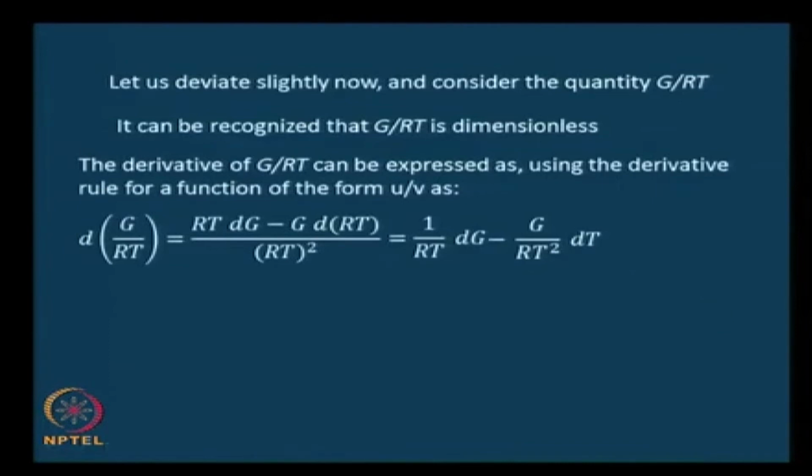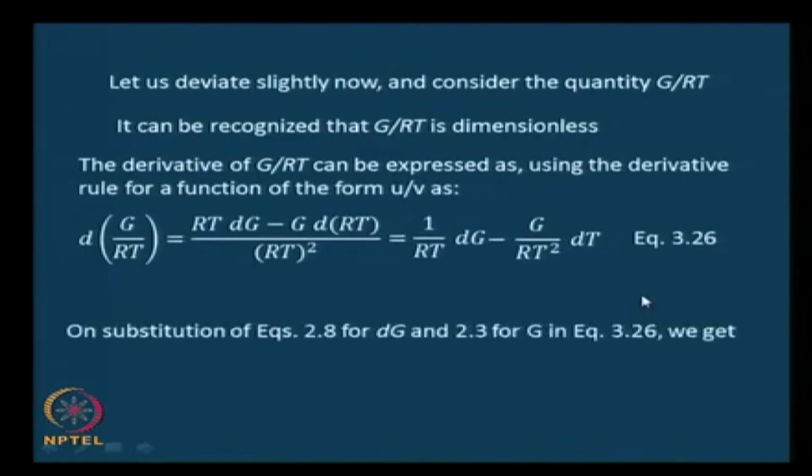We will call this equation 3.26. Now, let us express dG and G in terms of the expressions that we already know. In other words, we are going to use equation 2.8 for dG and 2.3 for G. You do not have to go back and check, these equations will come back to you when I substitute them.